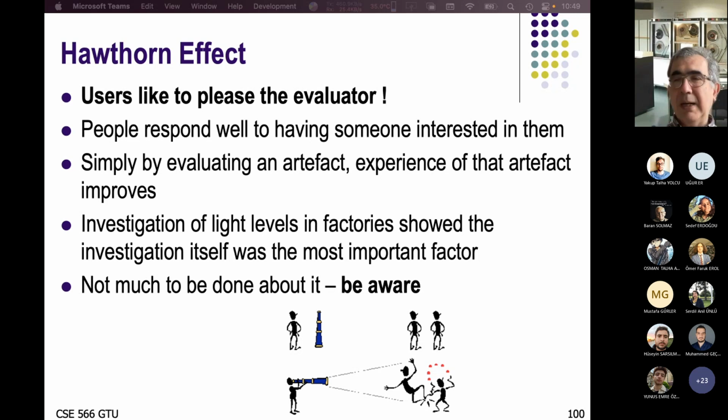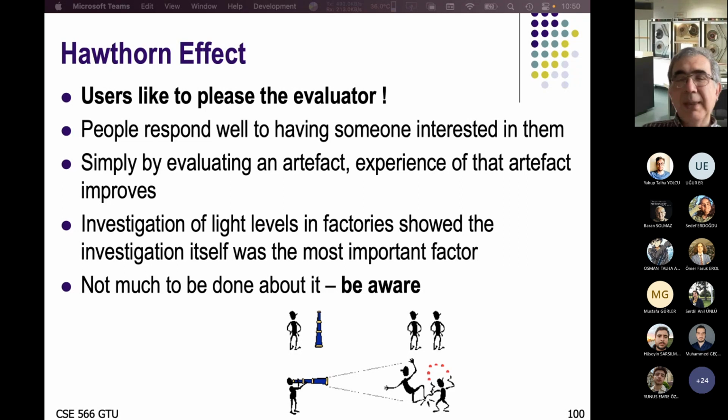So the Hawthorne effect goes back to investigation of the light levels in the factories in Australia. They make improvements and they try to measure whether the lighting affects the production. And they did experiments in factory.